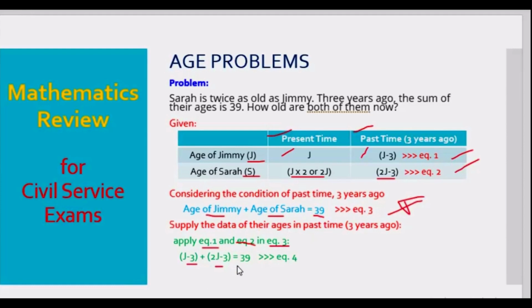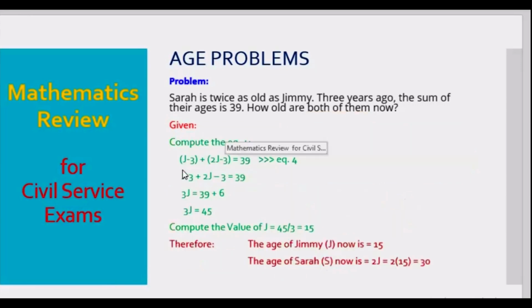So with this data, I have to call this equation number 4. So moving forward, we have to compute equation number 4.